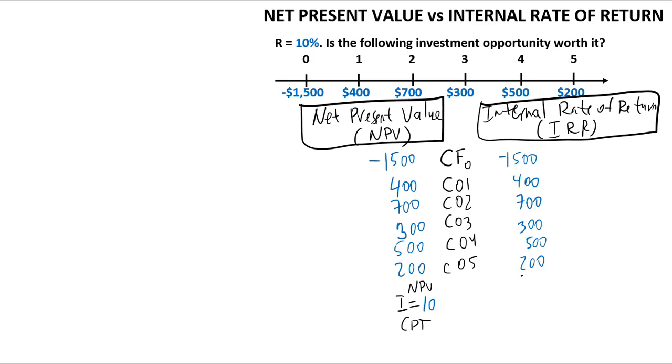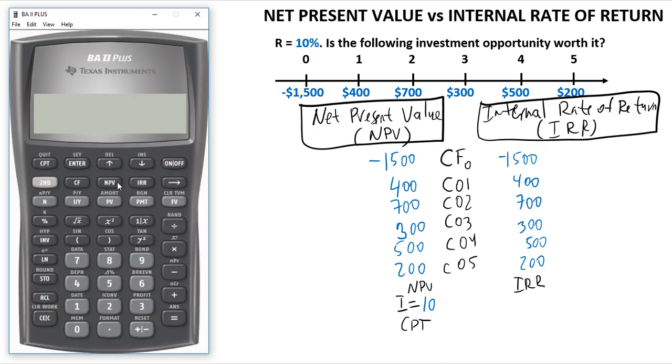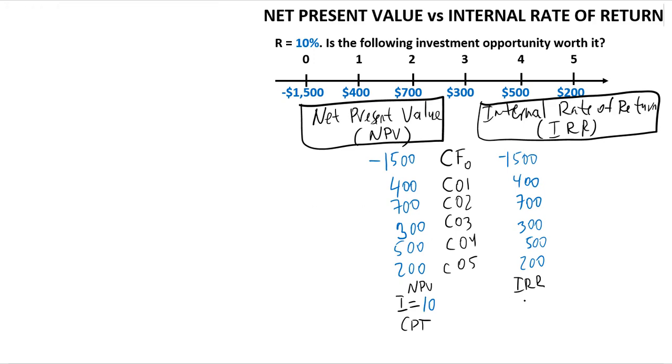In the IRR case, you will instead press the IRR button, which is in the second row, second from the right, and then compute. So you don't enter the discount rate. You don't need it to do the calculations of the IRR. We will need the 10% that's given to make our investment decision, worth it or not worth it, right?